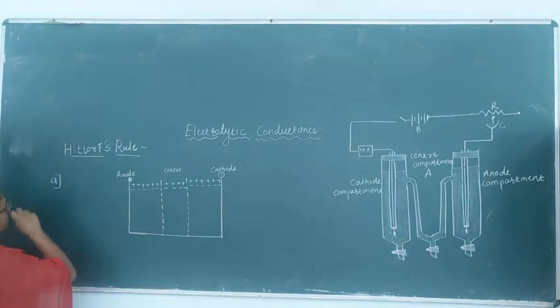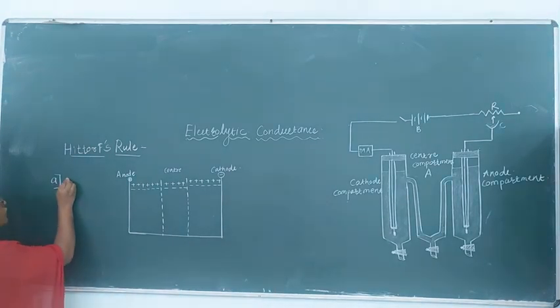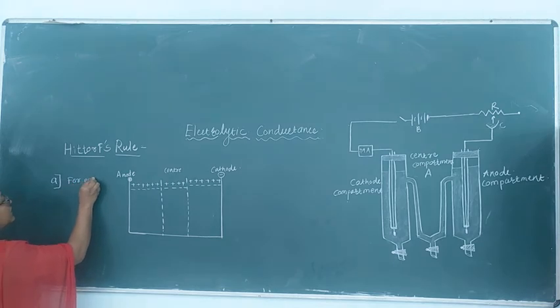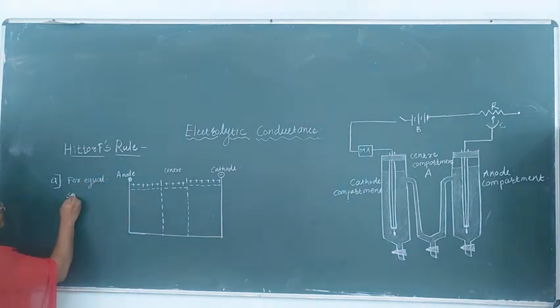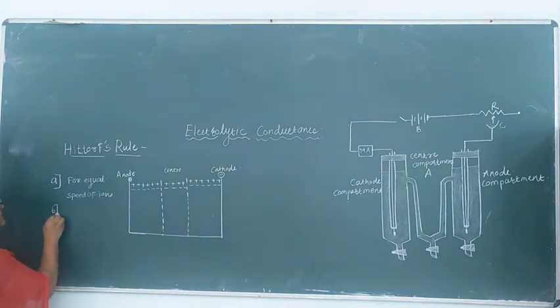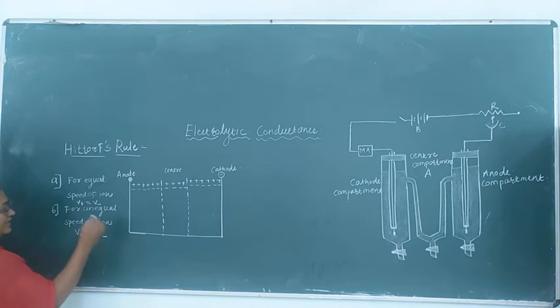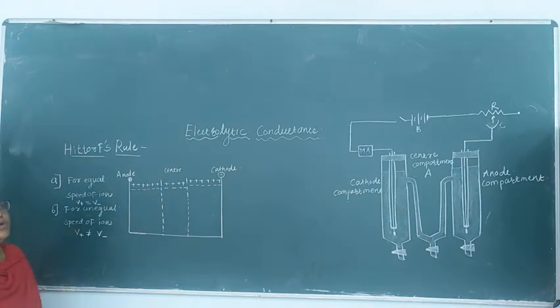The first case, the electrolytic cell is run for equal speeds of the ions. The second case is for unequal speeds of ions. That means here V plus is equal to V minus, while here V plus is not equal to V minus. Now both cases we are going to study.